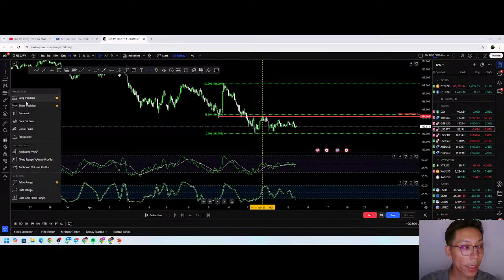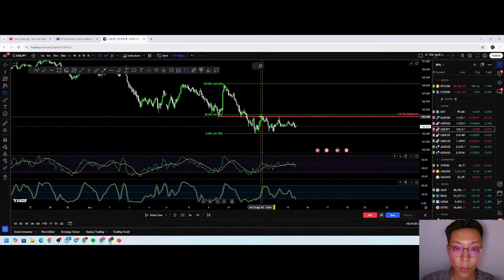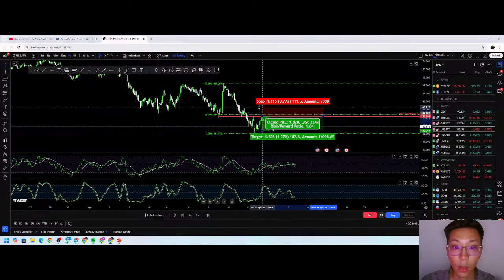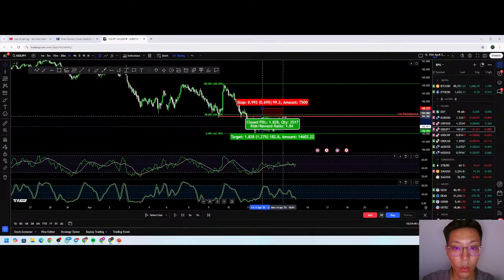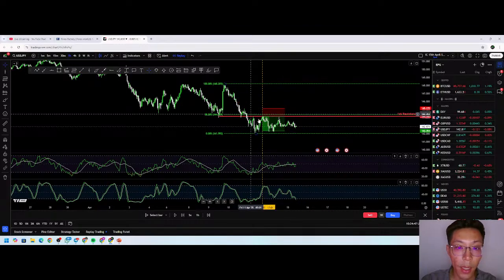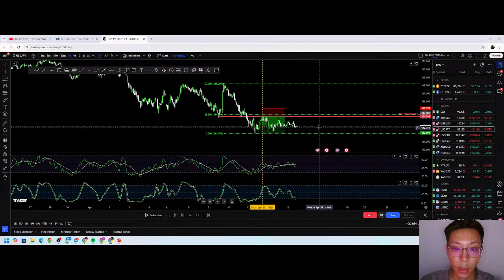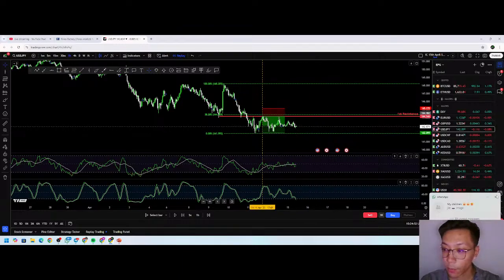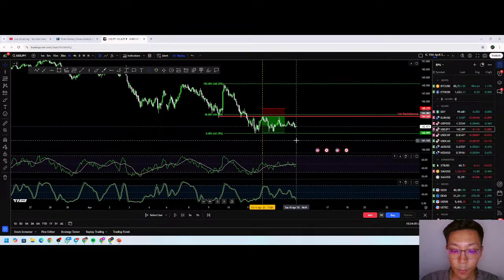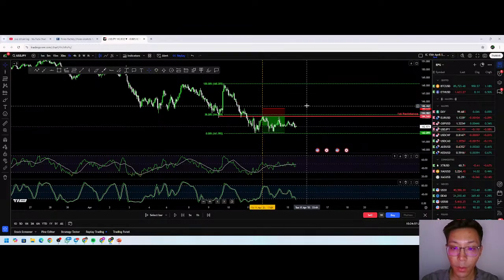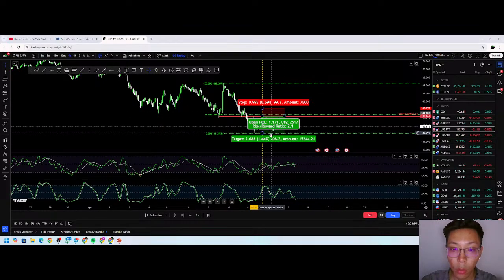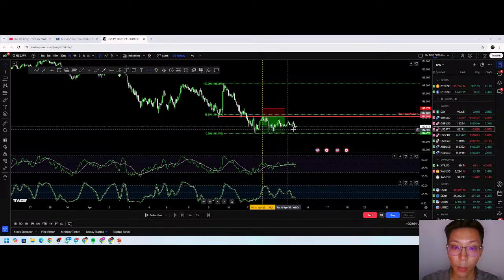But you have to be careful, always calculate if it's worth the sell or not. If you were to look for sells, you will have to put your stop loss above this high, and then maybe your target is about here. So almost hit your take profit.